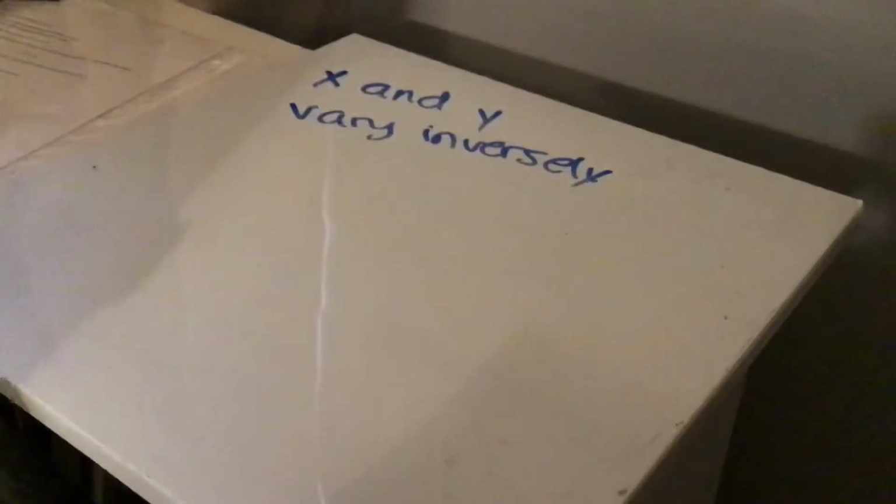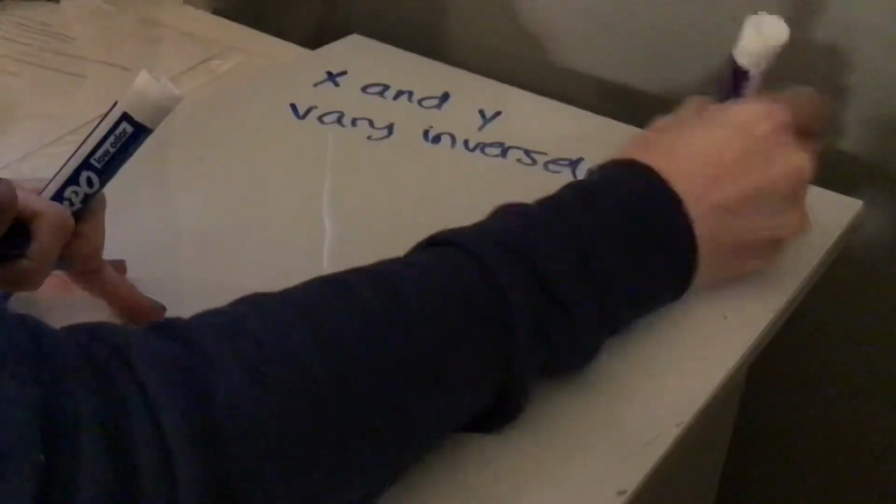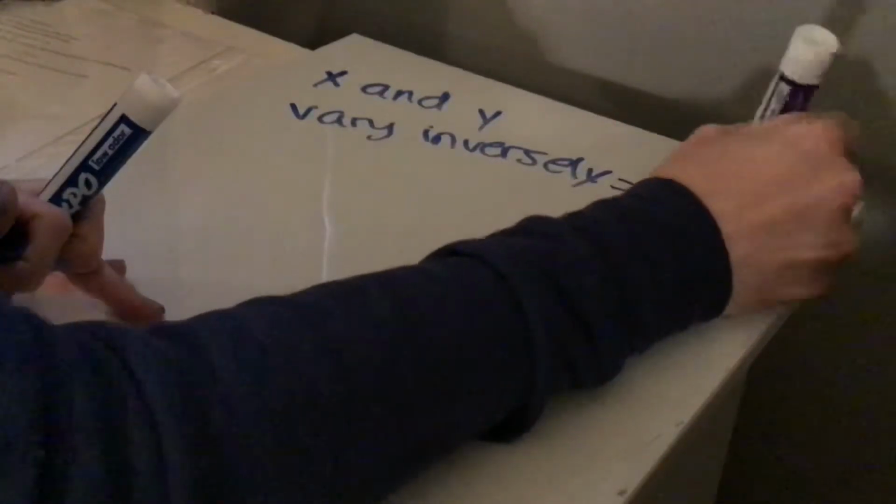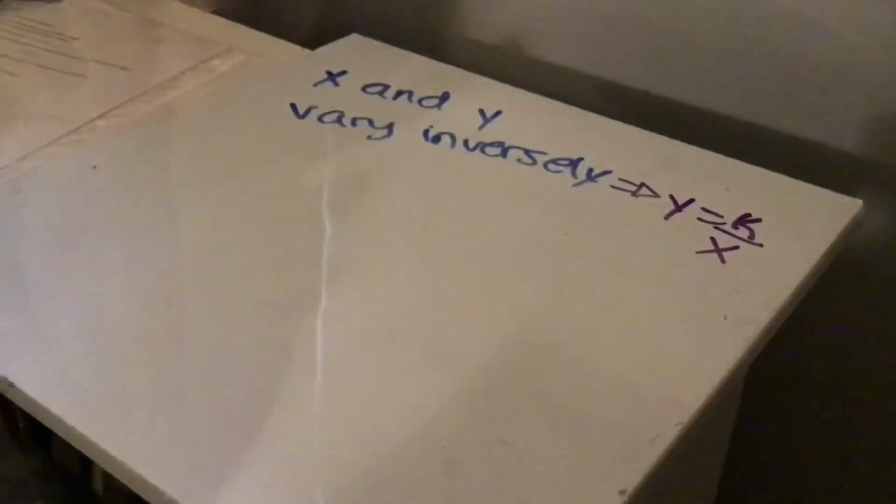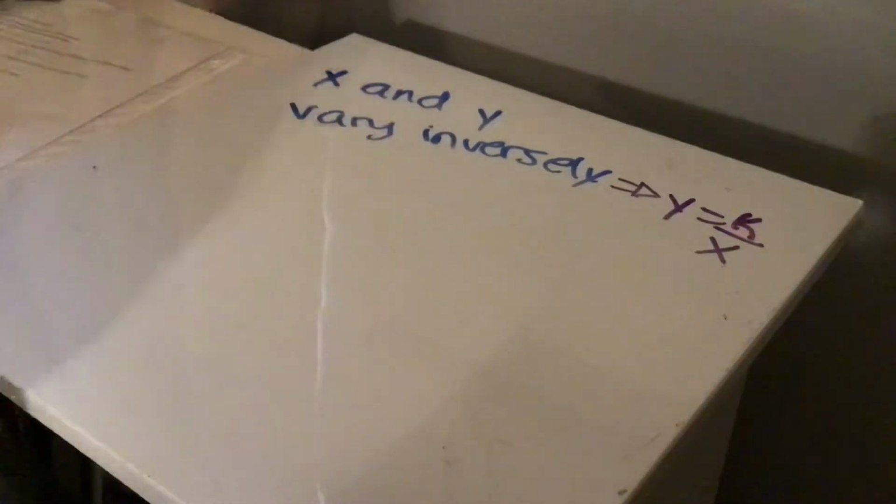That tells us that y equals k over x, because it's an inverse variation. That's the first step. We don't know what any of them are yet, but we know that they vary inversely.